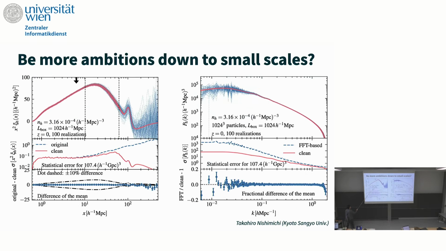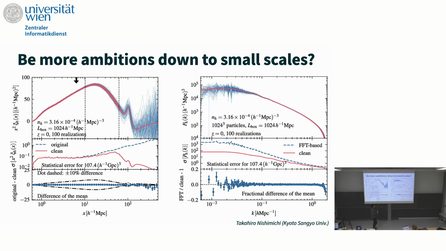I compare the direct average over 100 realizations with the result after this propagator and control variate treatment. The sigma, the error bar on the diagonal component, is significantly suppressed on large separations. And also the difference is consistent with 0, basically. Maybe this part is a bit off, but within 1.5 sigma. So we are kind of confident.